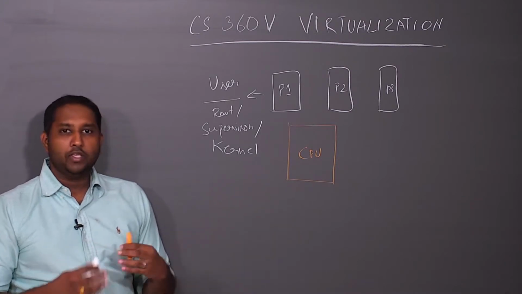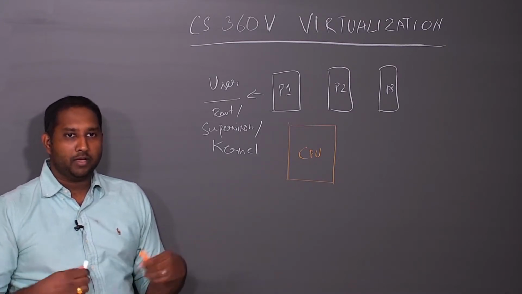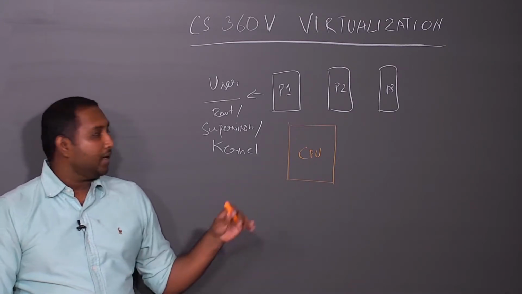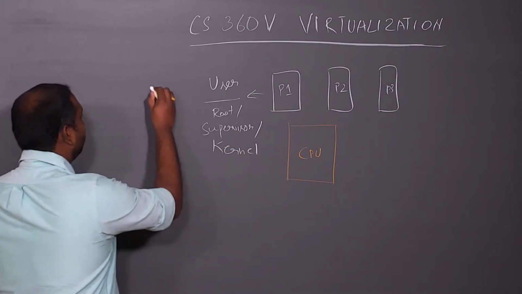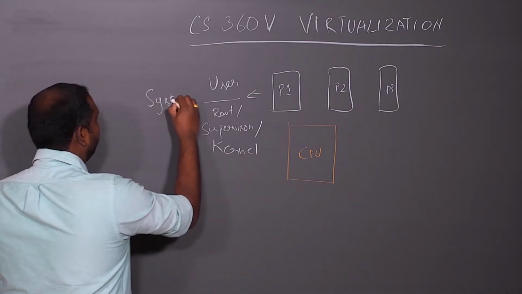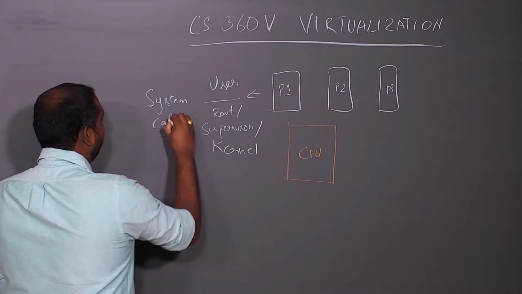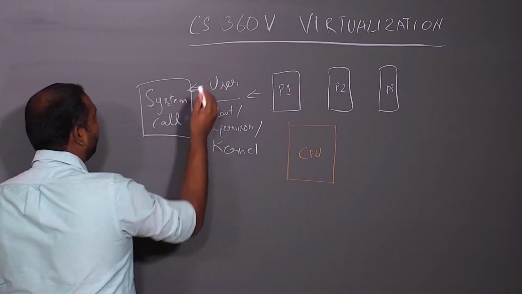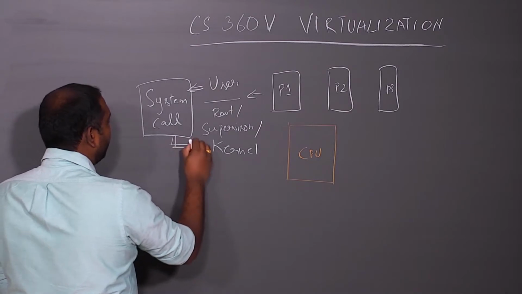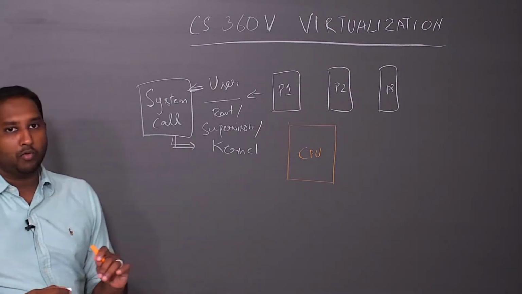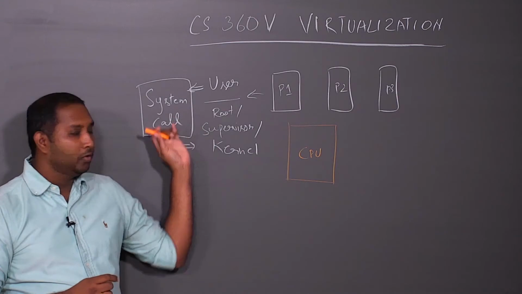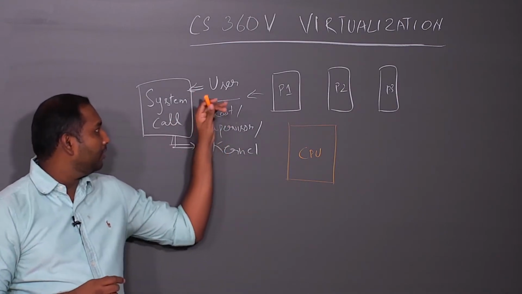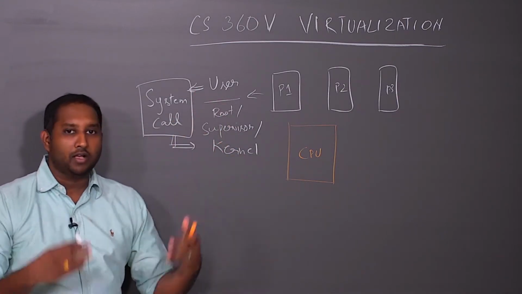However, occasionally you will have to do stuff that requires support from the kernel. And at this point, you do a system call. A system call is how a user mode process becomes a kernel mode process. So you do a system call, and then the kernel is invoked.